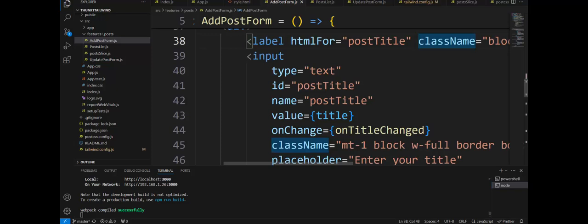Now I am connected to a mock server. How to connect to a MySQL database and how to connect to MongoDB.